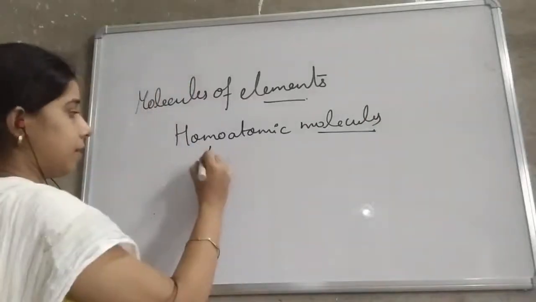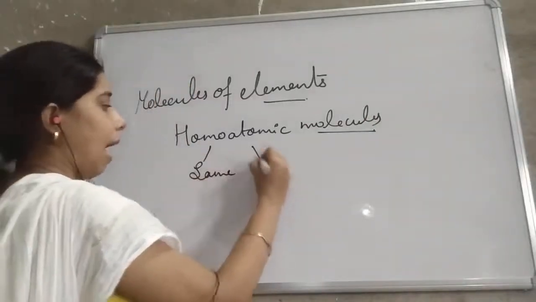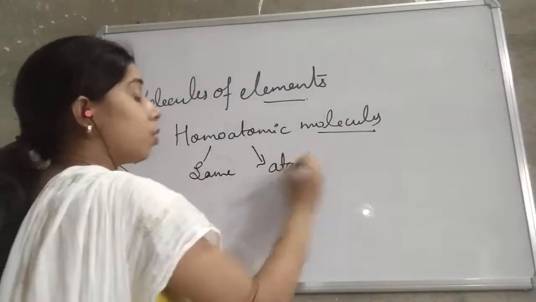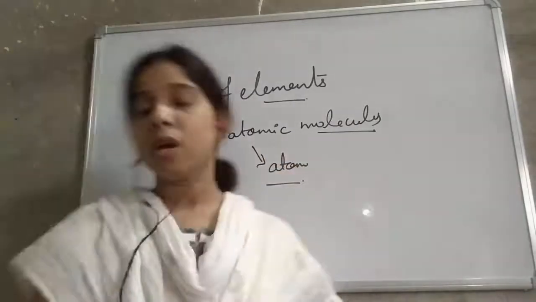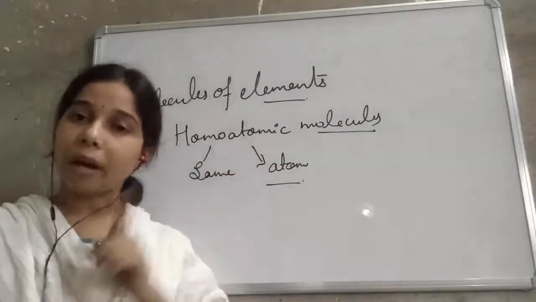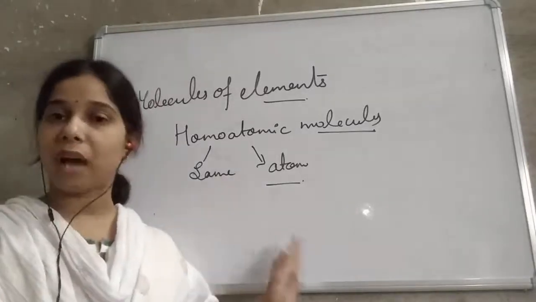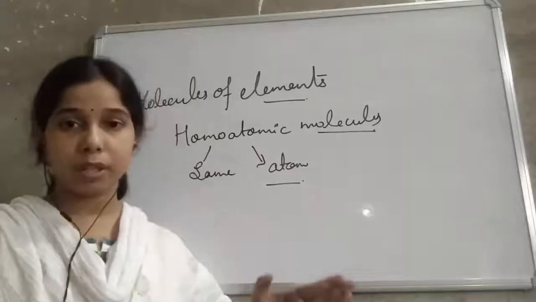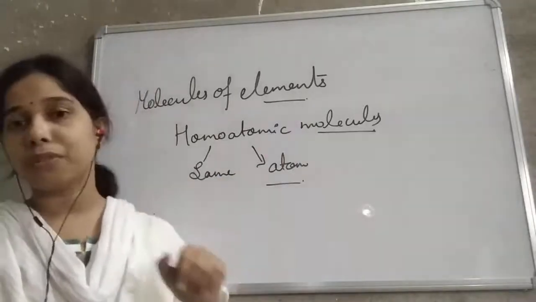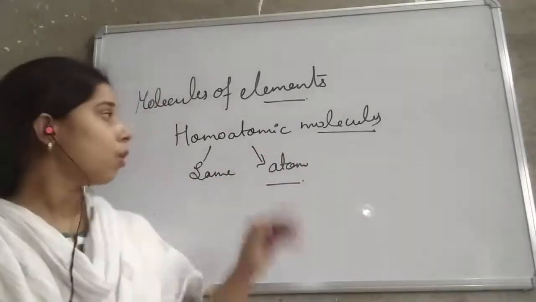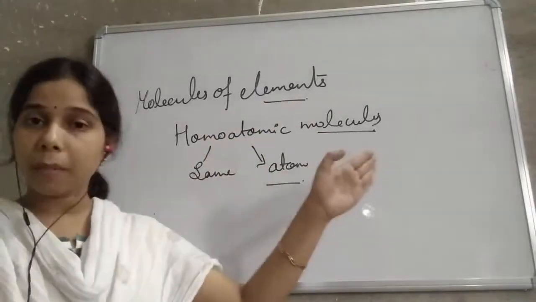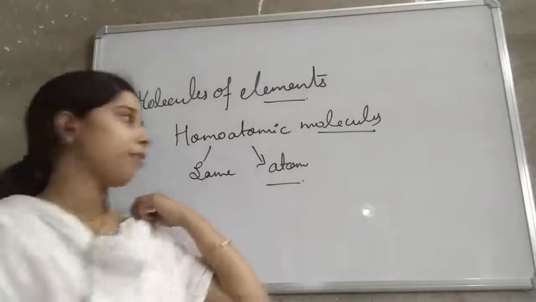Homo means same atom. So such a molecule which consists of only one type of atom in it is known as a homoatomic molecule, or the molecule of the element. Okay, so it is a homoatomic molecule which has the same type of atom.